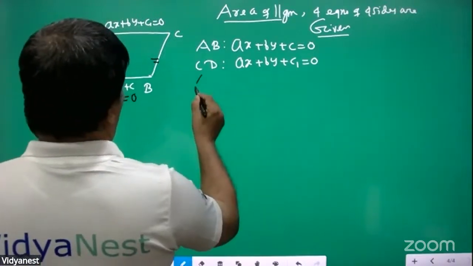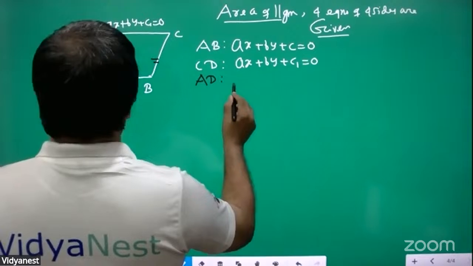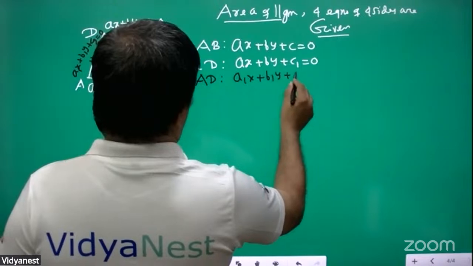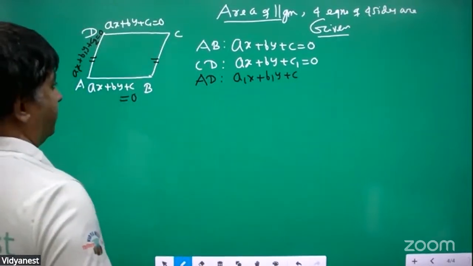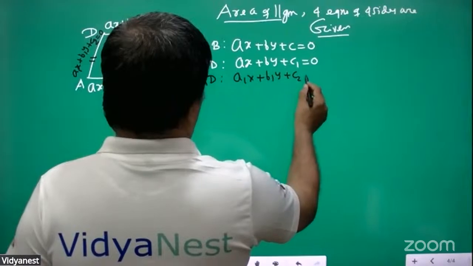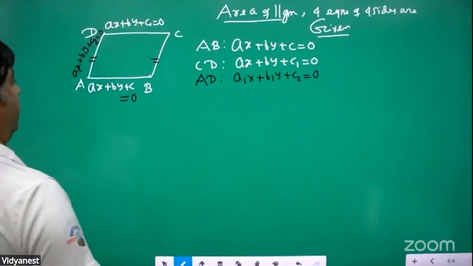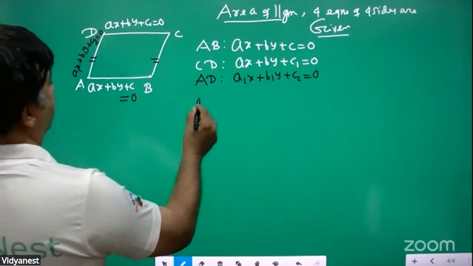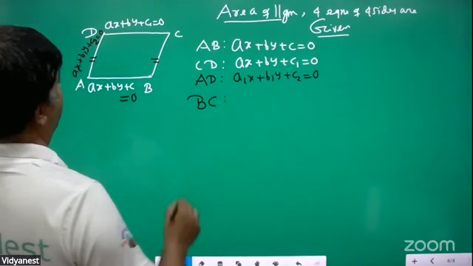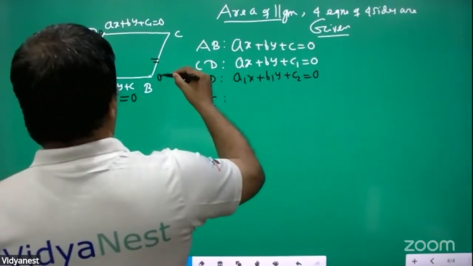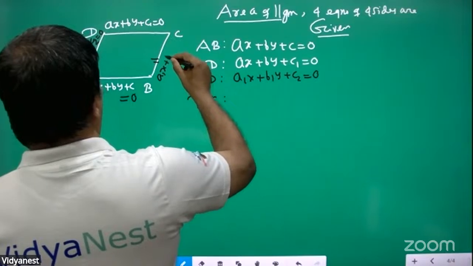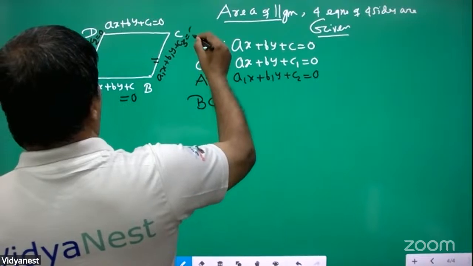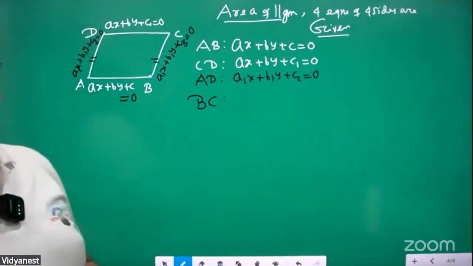So that is AD, A1x plus B1y plus C2 is equal to 0. And BC will be what? A1x plus B1y plus C3 is equal to 0. Okay?